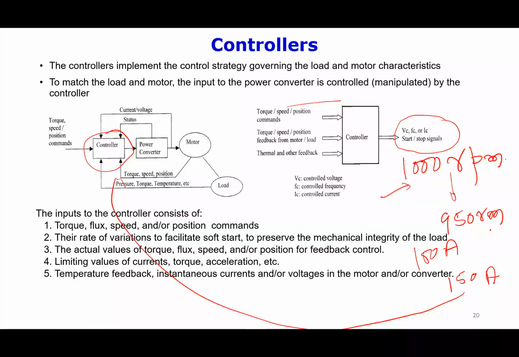Then we want to adjust the controller to make sure that the power converter and the motors are at the desired temperatures. For example, we want the motor to operate within its temperature limits. Same thing with the power converter. So we measure the temperature and the controller checks the temperature of the motor and the power converter and accordingly adjusts the load.